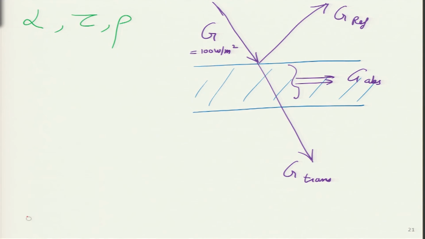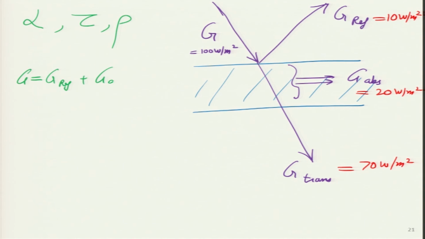So, just as an illustration, I can put some numbers over here that out of that 100, 10% got reflected, 20% get absorbed. Then what is the amount which will be remaining? That is 70 watts per meter square. So, 70% is remaining. So, just by the conservation of these particular quantities, I can write that capital G is the sum of these three other G's, that the reflected component plus absorbed component plus the transmitted component.